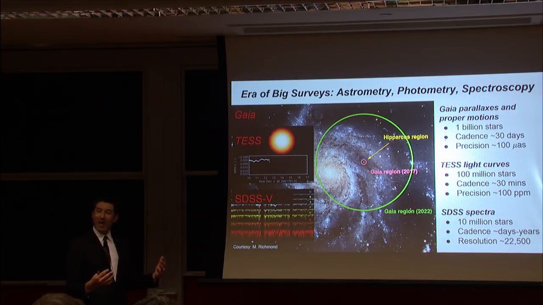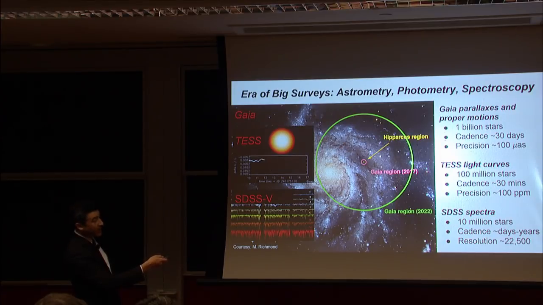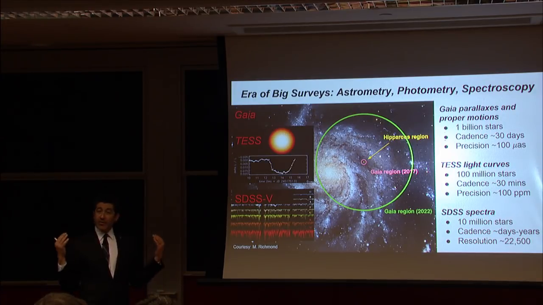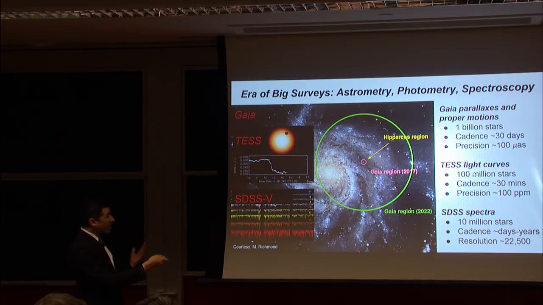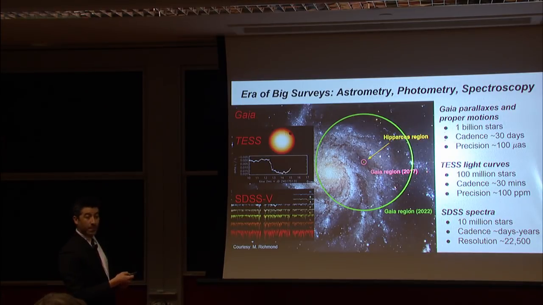It's an incredible mapping expedition with microarcsecond precision. We also simultaneously, for some of this footprint, will have TESS light curves within the full frame images of order 100 million stars with high-ish cadence, with good precision. So now we have time domain information.